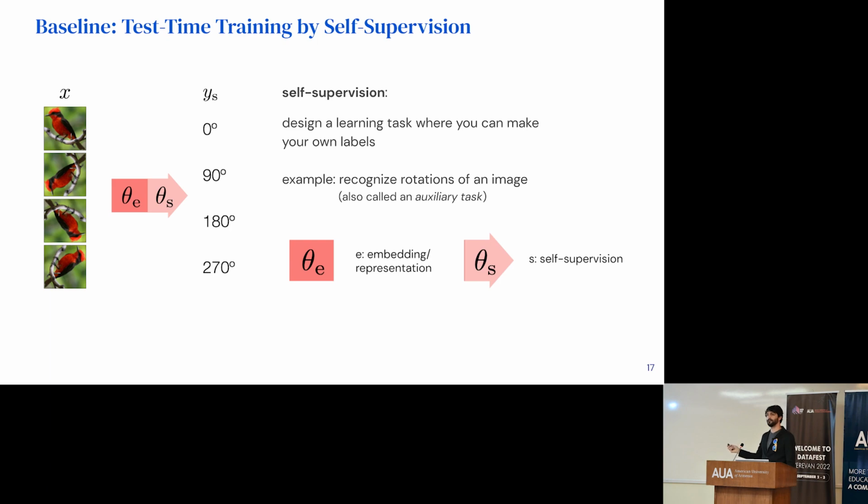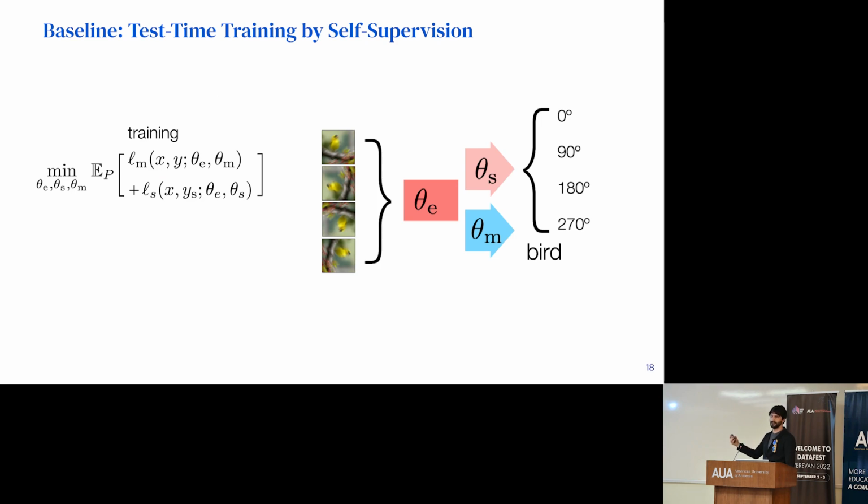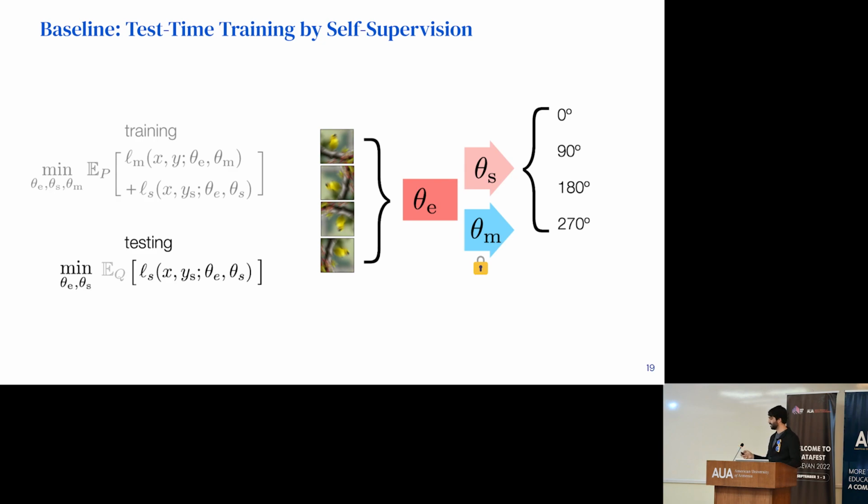So test time training first learns this kind of task jointly with a classifier. At training time, given an image, it's going to optimize for, is it a bird or not, the supervised problem with labels, while also simultaneously optimizing for the self-supervised problem: how is it rotated? The reason they do this jointly is that later at testing, we're not going to have the answer if it's a bird or not.